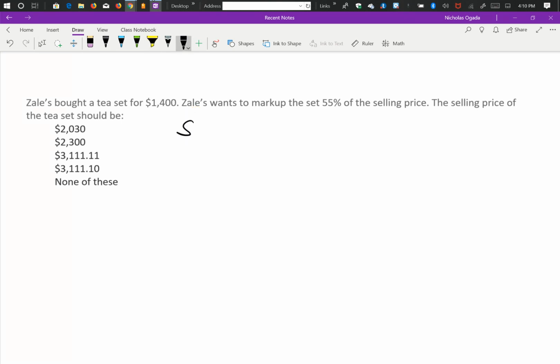your selling price will be equal to cost plus, of course, our markup. Again, this markup could be based on cost, or could be based on a selling price. In this example, our markup is based on a selling price. So what do we know?